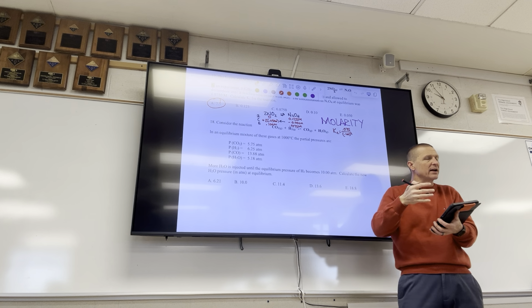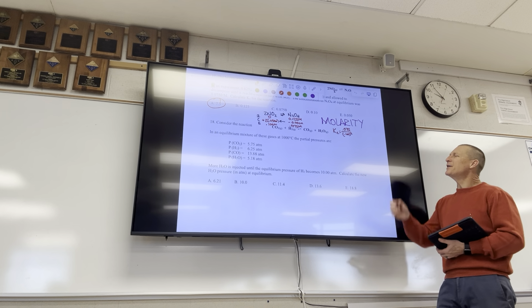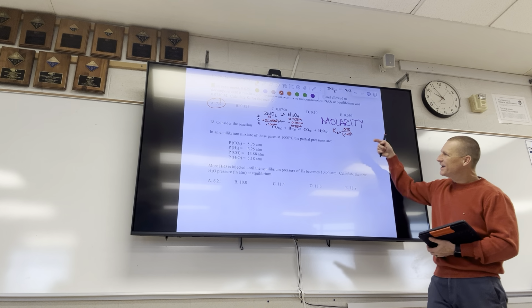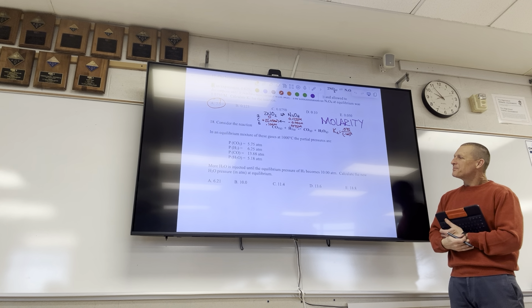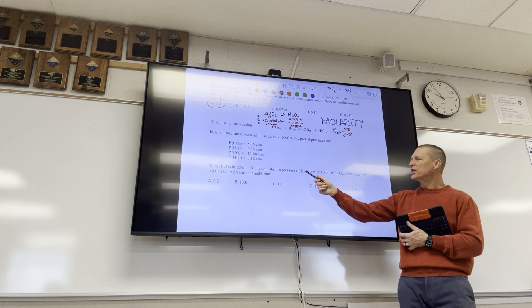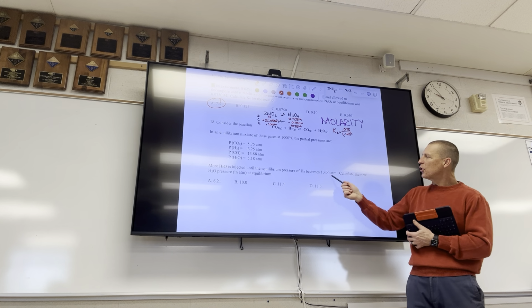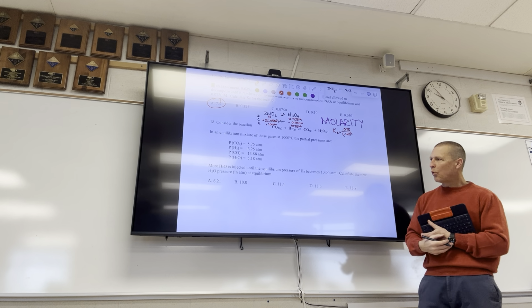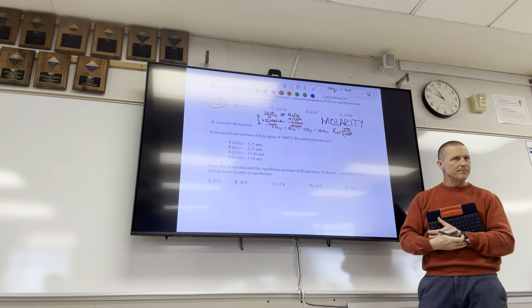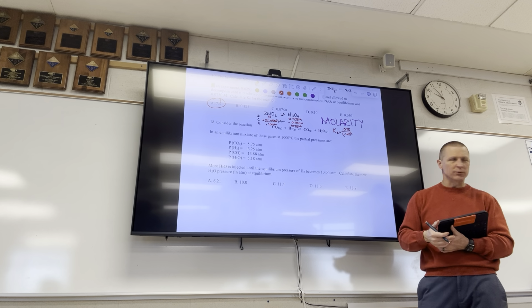If you add more products, it becomes product heavy and shifts to the left. It tells us how much it shifts. The H2 reactant pressure goes up to 10 atmospheres. So the question is, what was the new water pressure when it finally reestablishes equilibrium?